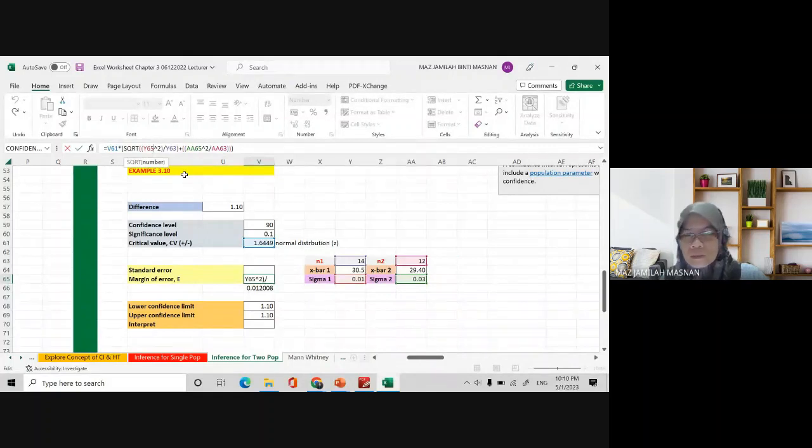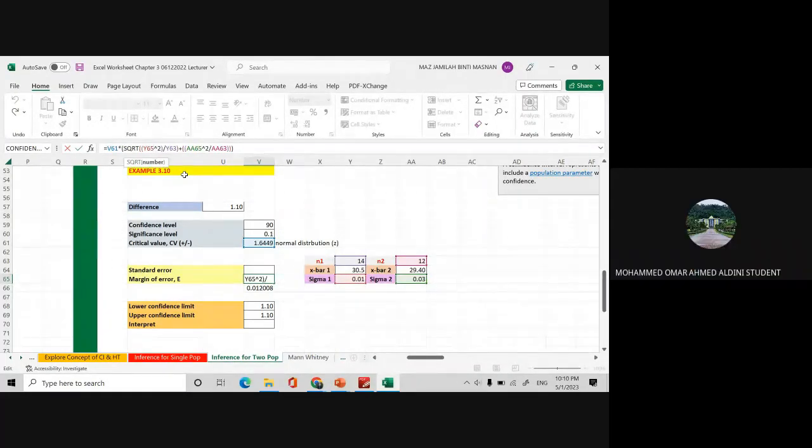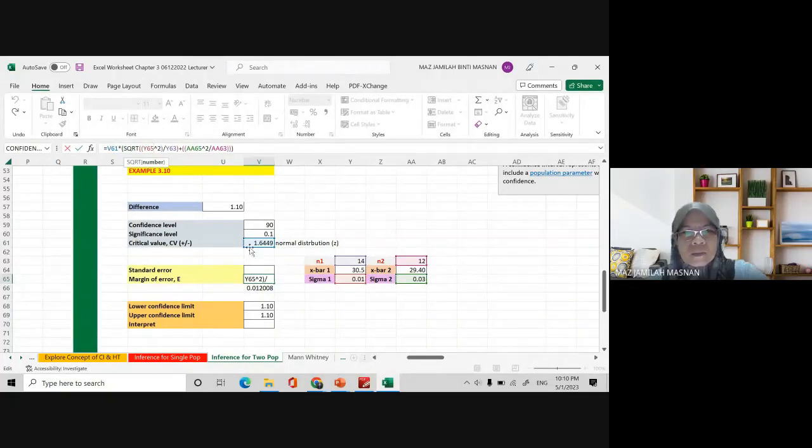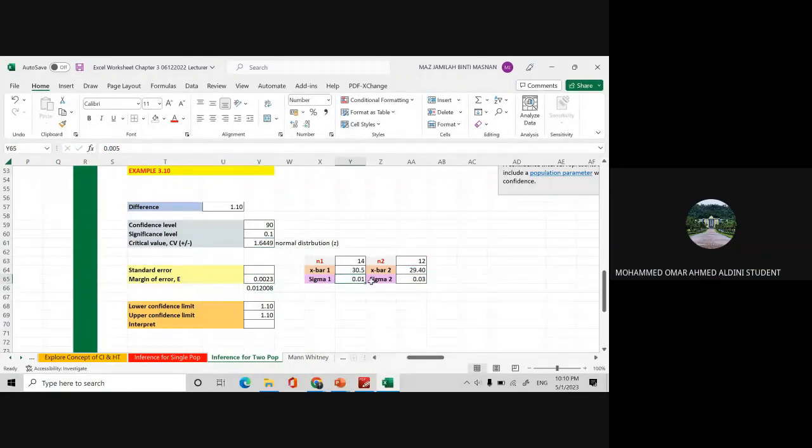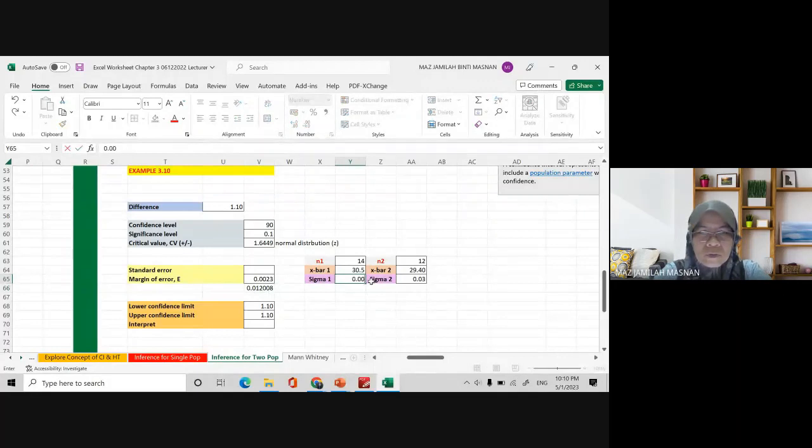No one correct me. Sigma 1 is... Doctor, because it's in 2 decimal places. That's why it's 0.01. It should be 0.05, right? 0.005. Yeah, 0.005.